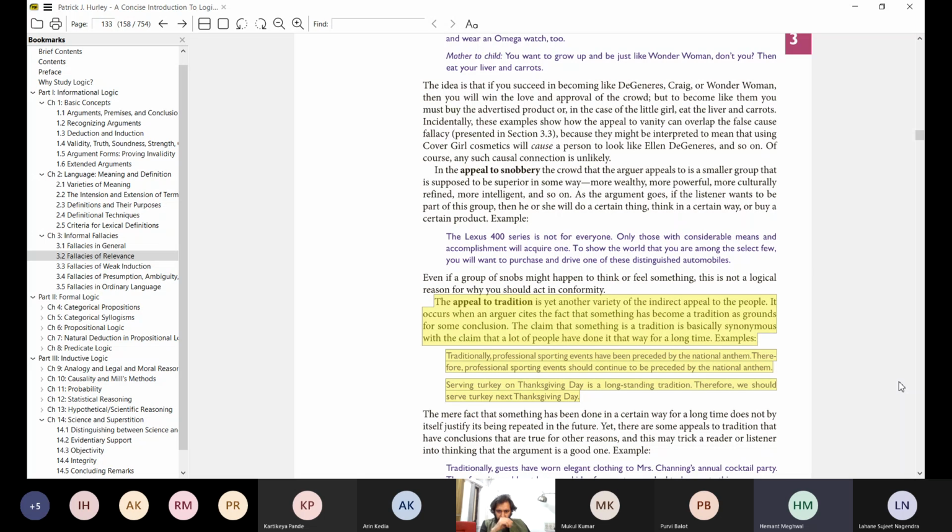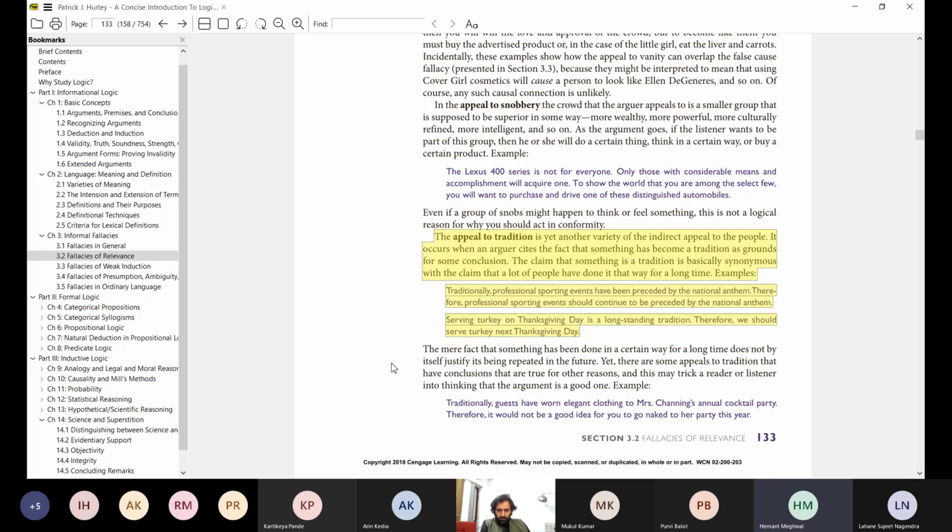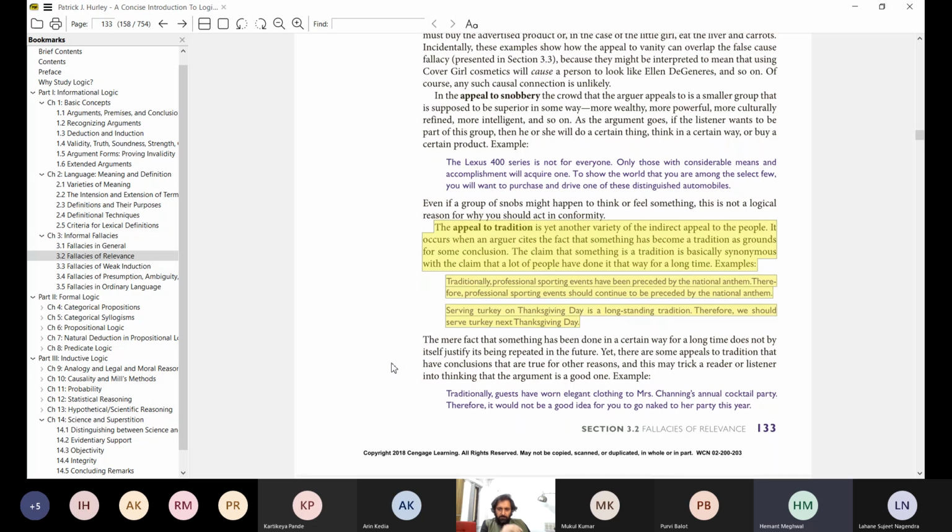Examples: traditionally, professional sporting events have been preceded by the national anthem. Therefore, professional sporting events should continue to be preceded by the national anthem. Serving turkey on Thanksgiving Day is a long-standing tradition. Therefore, we should serve turkey next Thanksgiving Day.